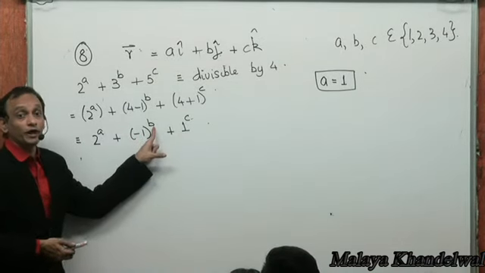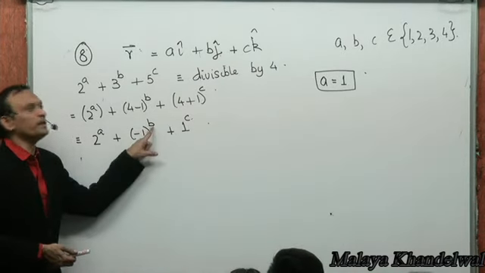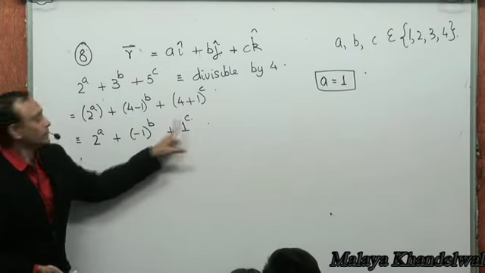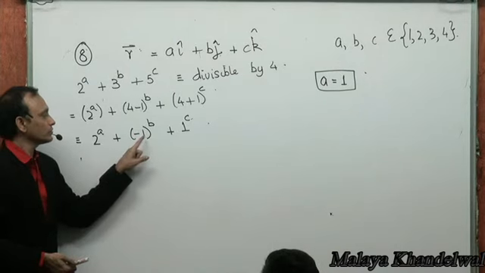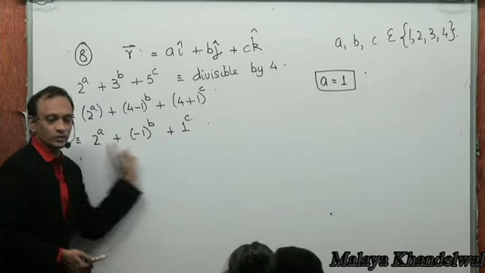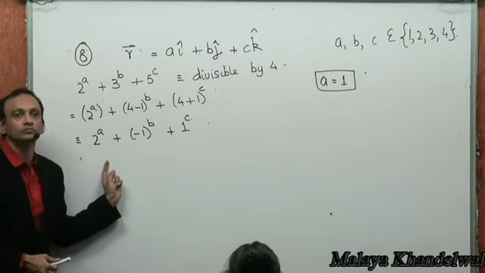So B cannot be odd. B has to be even. If A is 1, then B has to be even, and C can be anything. Because if A is 1, this will become 2, and if B is even, this will become 1 plus 1. So this will become 4 and it will be deemed divisible by 4. Yes or no?